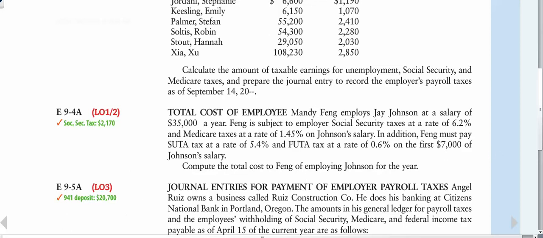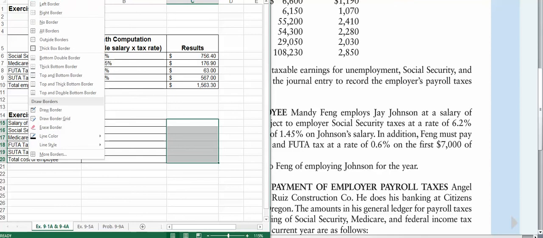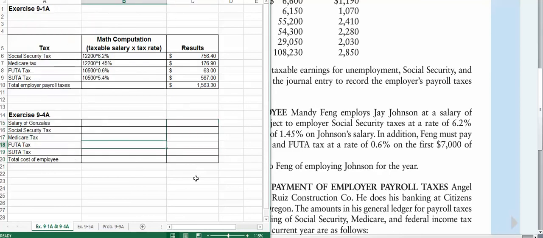So again, we're going to enter in the formula. What I would recommend is just making an additional column. That way you can put your formula in the math computation in the same column that you did before, and then the results in the same column that you did before. That way it just makes it easier on you.